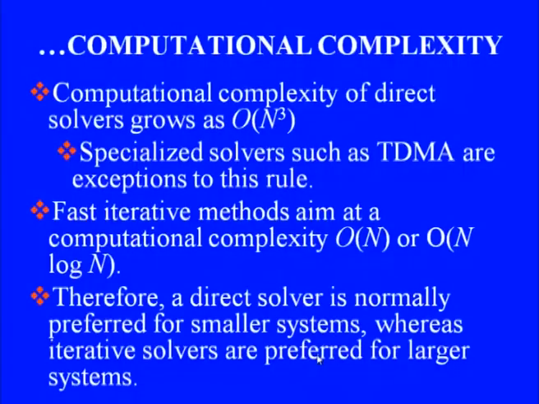So the order of the algebraic system in such a case would be millions. Similarly, if you want to perform a large eddy simulation or direct numerical simulation, the order of the system would be in billions. In such cases we cannot afford to use a direct solver; we would use iterative solvers for such large scale problems.